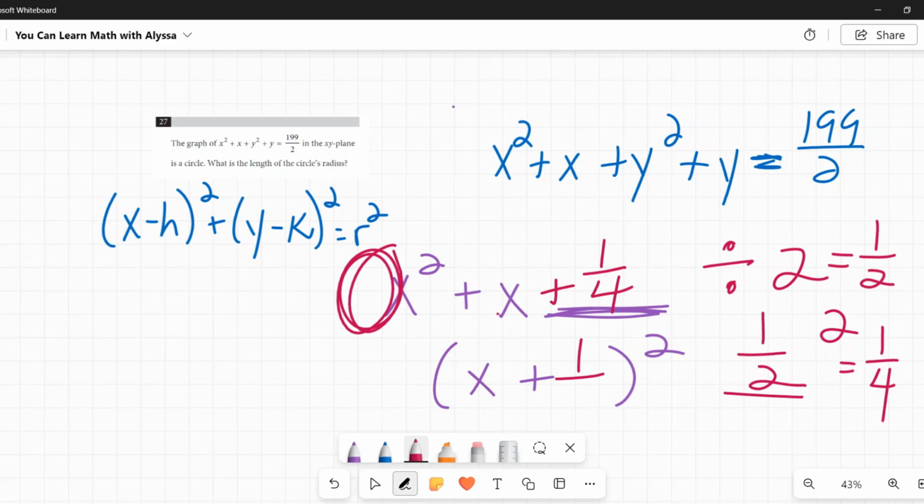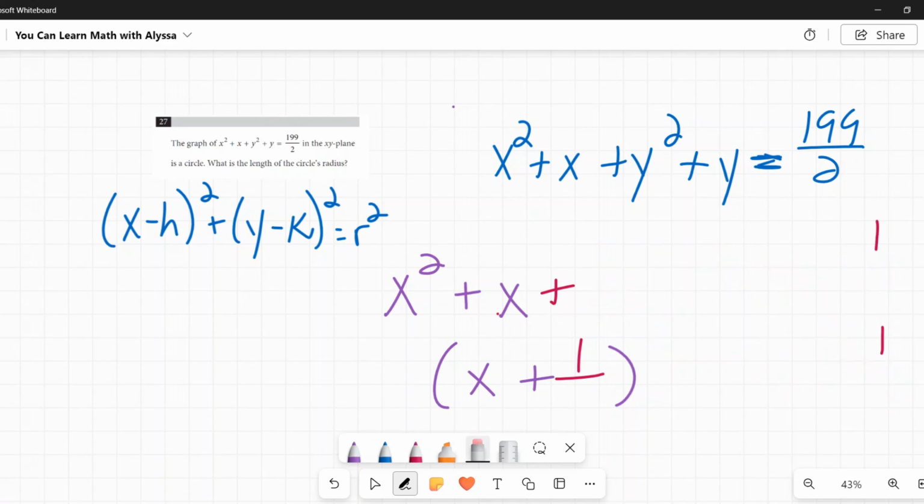You make sure there's no number in front of the x squared. If there is, you divide both of these terms by that number. And be careful with this. When I say divide the terms by that number, I need to be clear on this. This whole thing is one big ecosystem up here.